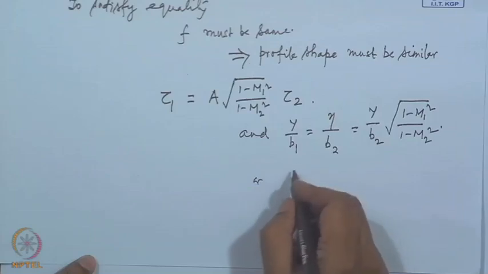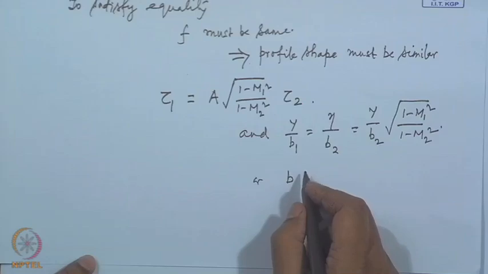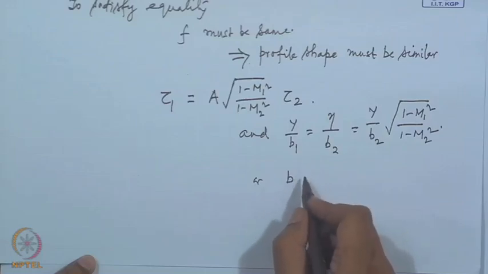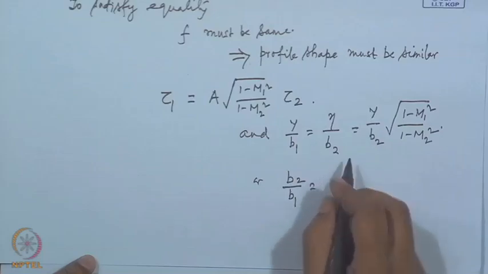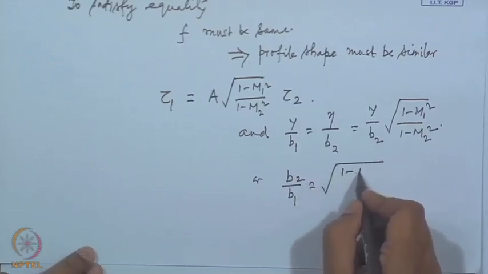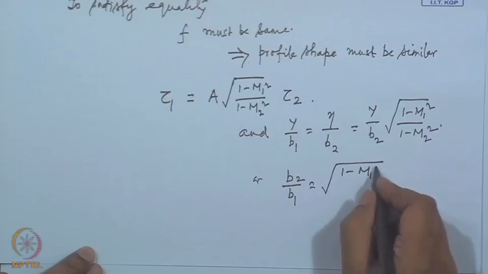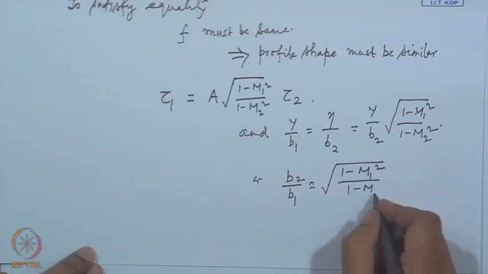Or b 2 by b 1 equal to root over 1 minus m 1 square by 1 minus m 2 square.